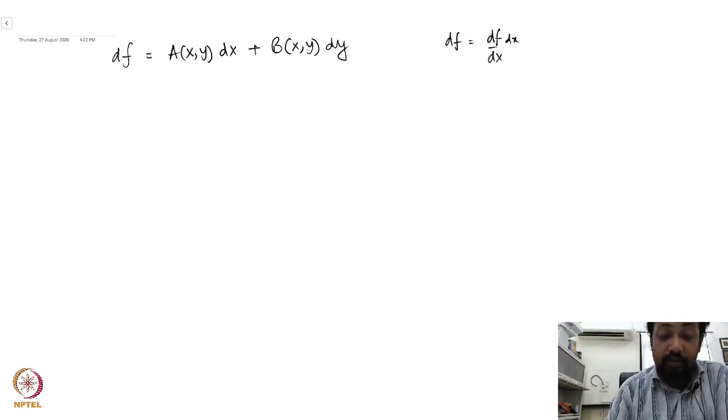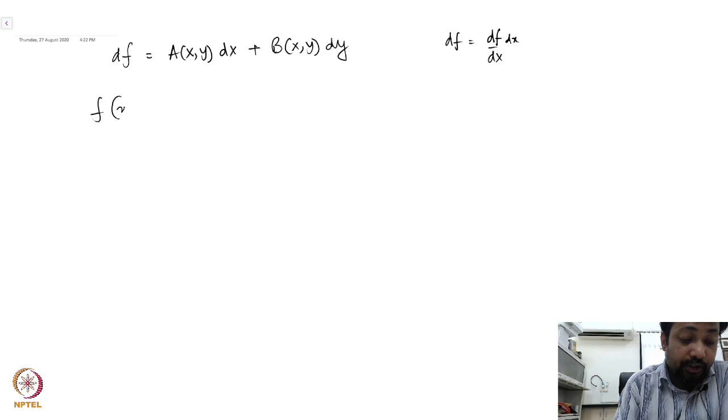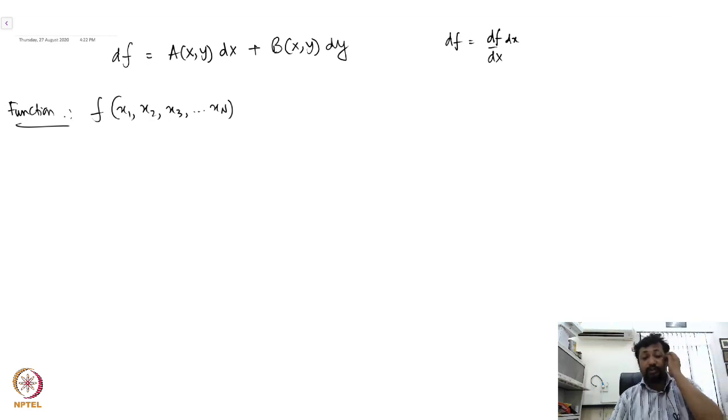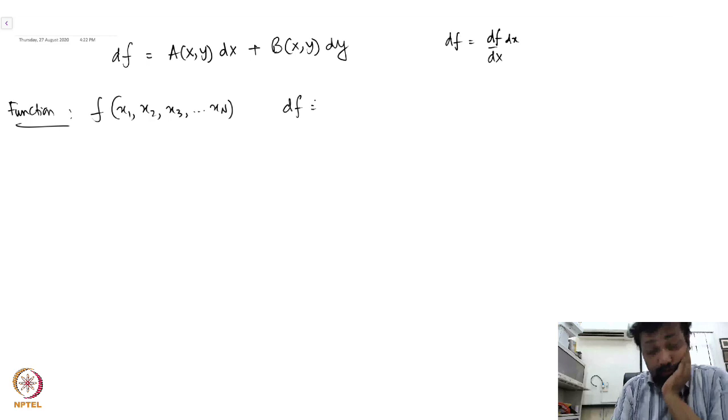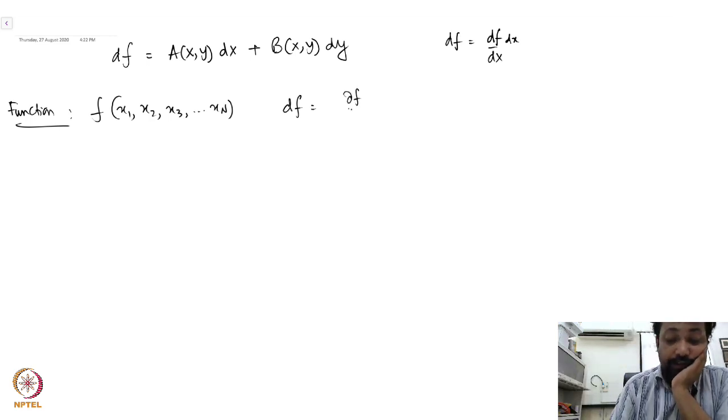But now this is calculus of many variables. If there is a function which depends on x1, x2, x3, up to xn, then the total change in the function is the sum over i of del f by del xi dxi.